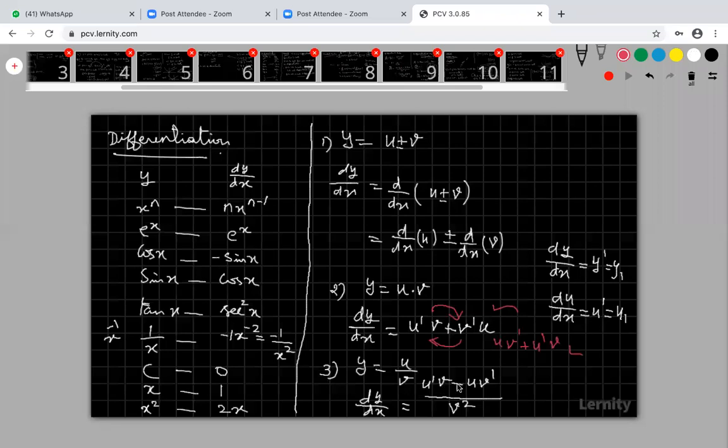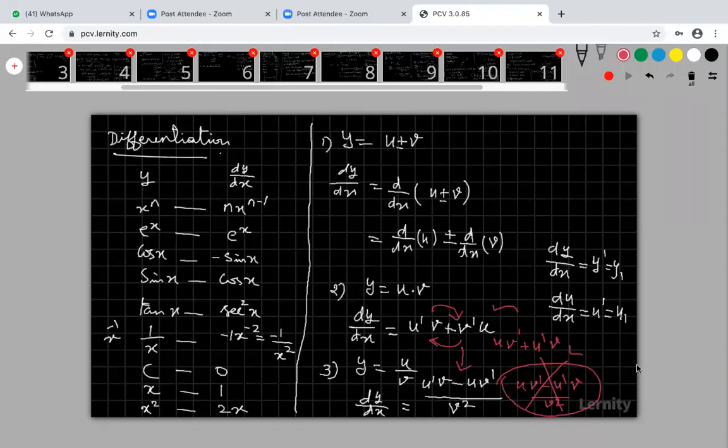But if you are writing like here, uv dash minus u dash v by v square, this is wrong. This is entirely wrong. Okay. So therefore, please keep it this u dash v plus v dash u, the same thing here with minus u dash v minus uv dash or v dash u by v square. Okay.